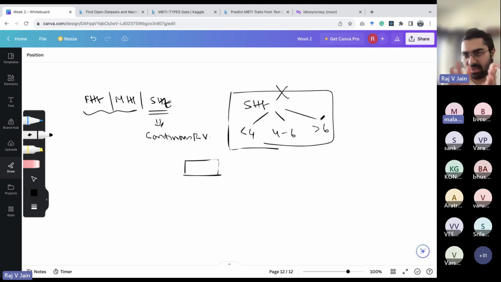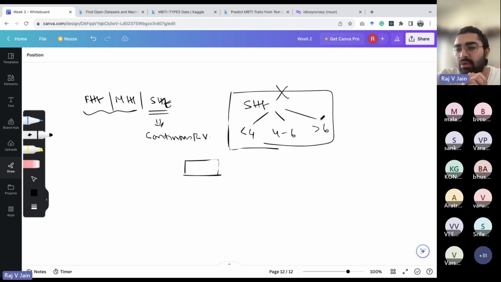Because we're trying to ascertain that only. Entropy is a sort of impurity, so how impure the data is, and we want to go more and more towards pure. So what measure do you know of? That's the Gini index. No, the Gini index is also for categorical variables, right?